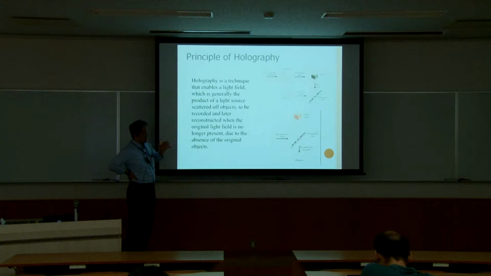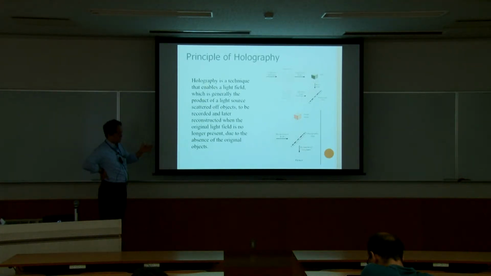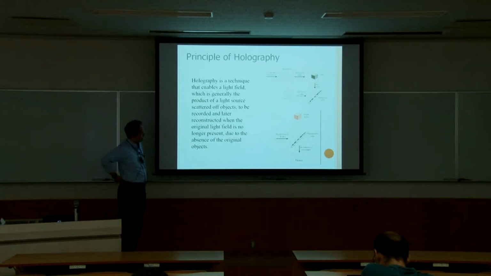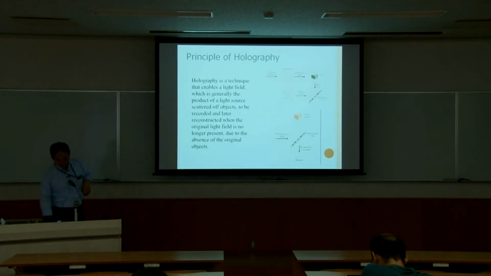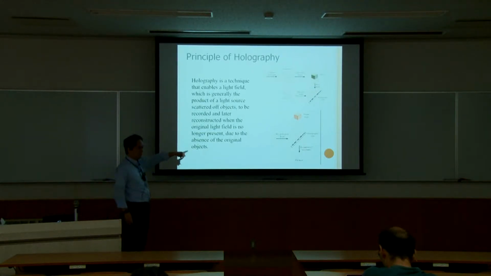As I mentioned, we have 4 factors for perceiving 3D: binocular disparity, convergence, accommodation, and motion parallax. All 4 factors are fulfilled by this reconstruction of the waveform. But as you can see, this is a still image, not a video.